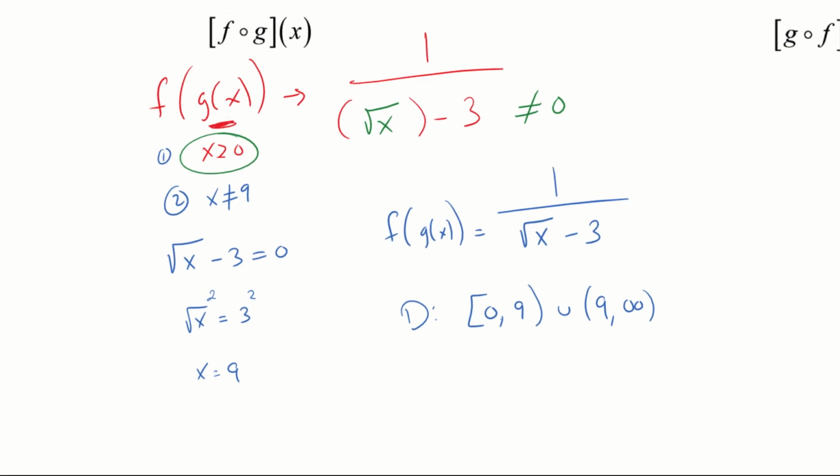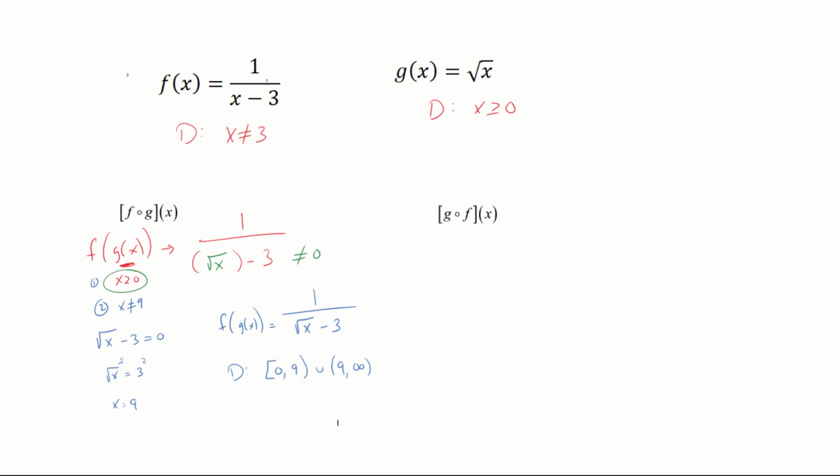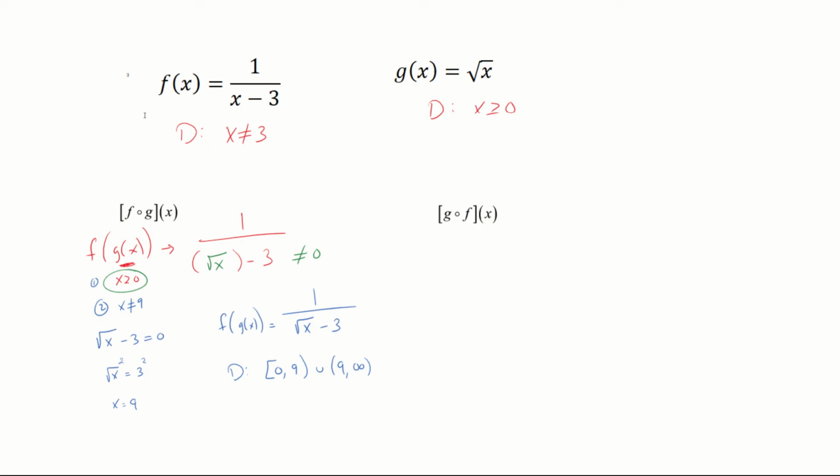So how do we know whether we did that correctly? Well, we can always graph it. So we head over to Desmos and we type our two functions: function f of x is 1 over x minus 3, and function g of x is root x.